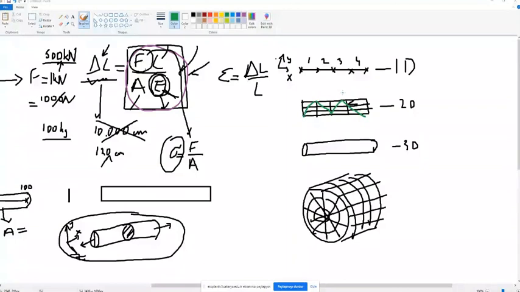Fine means the number of elements will be more. But sometimes you need to understand much more detail, more closer to the real result. You need to increase the number of elements. So we will say create a refinement and find finer meshes.